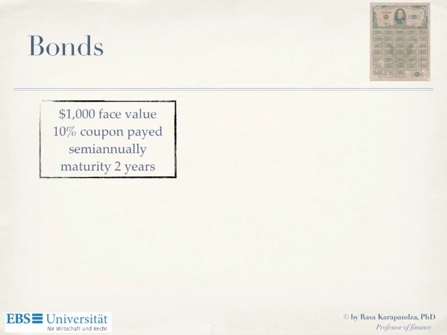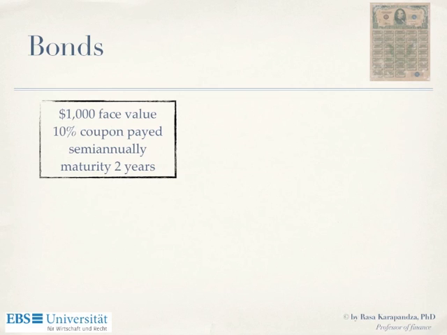Some people call it par value. And it has coupons, and coupons are usually expressed as a percent of the face value. Often these coupons are paid semi-annually and not annually. So what does it mean?